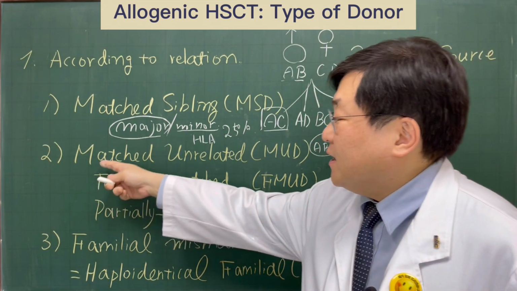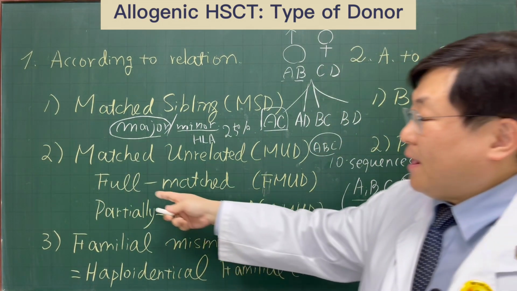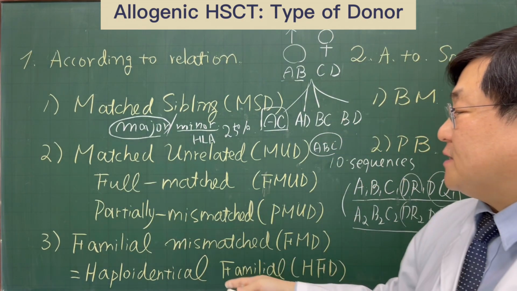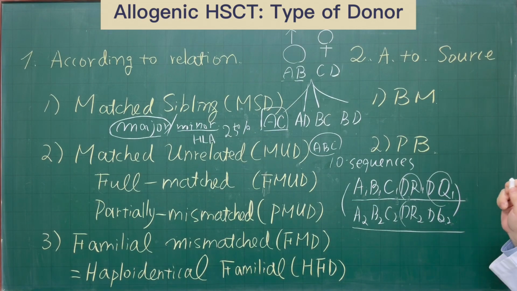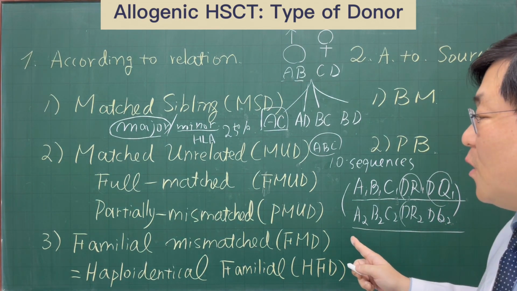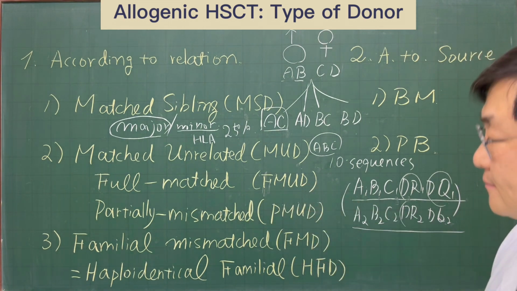In these cases, we add another term, which means that all the 10 HLA sequences are identical, and we call this donor a fully matched unrelated donor.